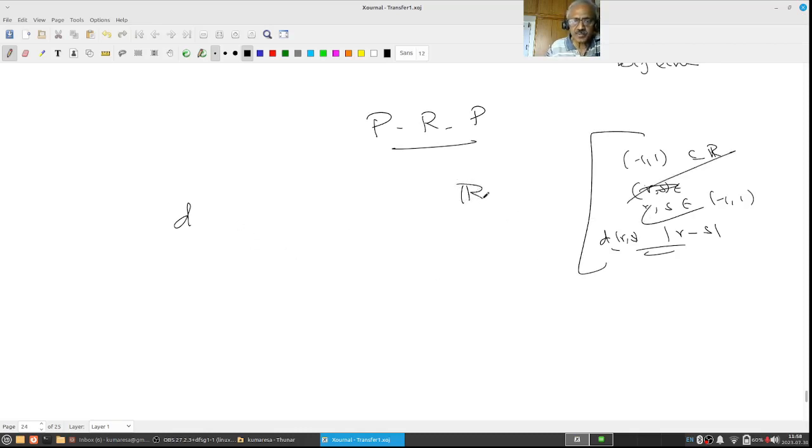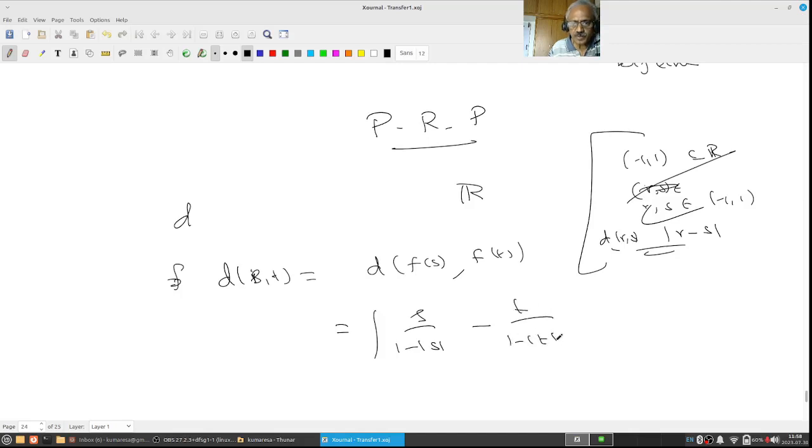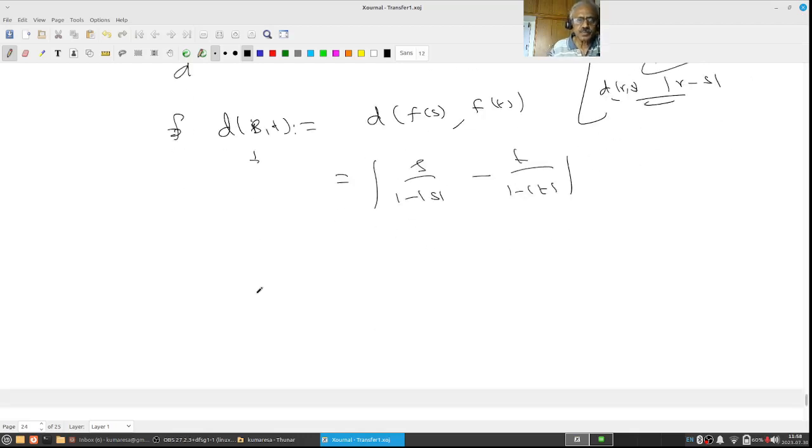R already has a metric, therefore the distance between s and t is defined as the distance between f of s and f of t. What does that mean? It is the modulus of s by 1 minus mod s, minus t by 1 minus mod t. This is my definition. So this d is a metric on minus 1 to plus 1.